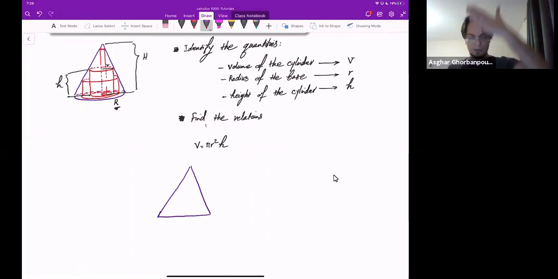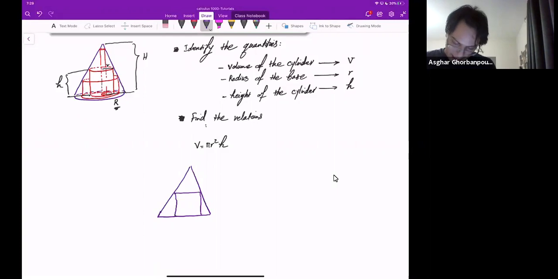So the cone will turn into a triangle, and the cylinder will be some rectangle, yes.